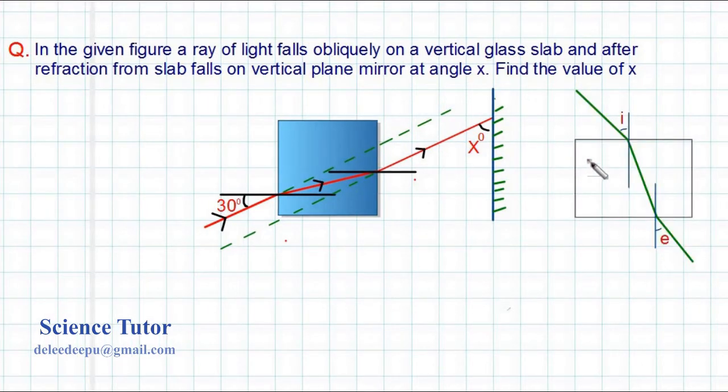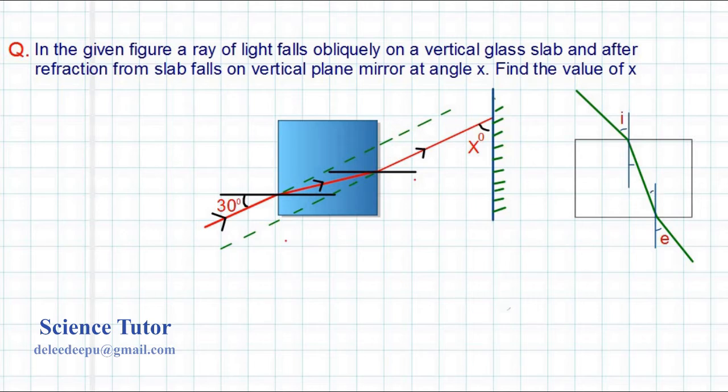We can see in the first plane, the incident ray makes an angle I with respect to normal, and in the second plane you can see the emergent ray makes an angle E with the normal. Angle of incidence and angle of emergence are same.